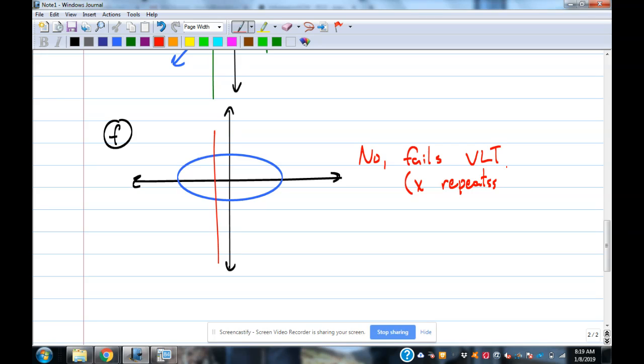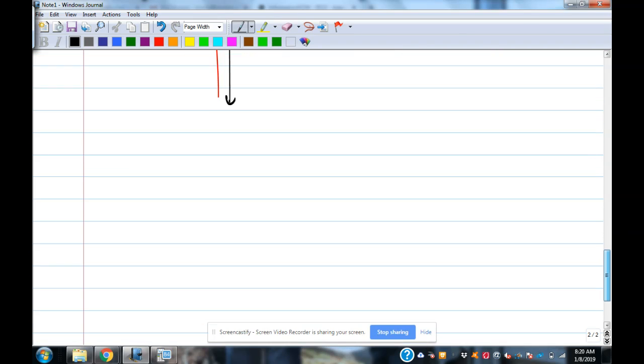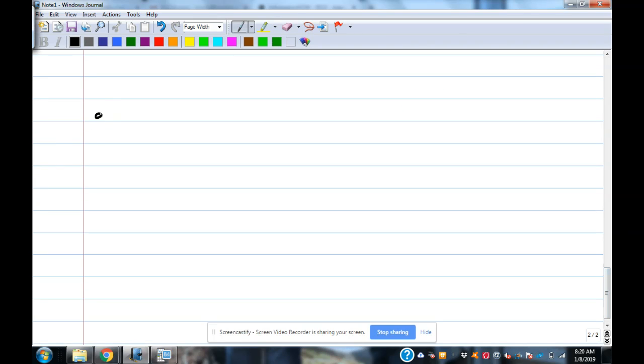All right, so here we have a graph that failed the vertical line test. Well, they won't always give us the graph, and sometimes they'll give us an equation, maybe something like this: y equals x squared plus 3. And we have to decide, is that a function or not?